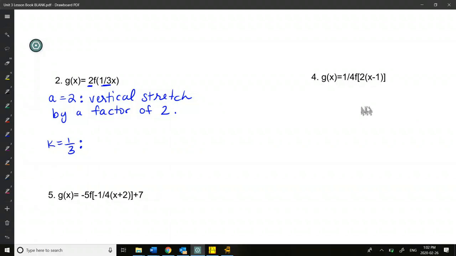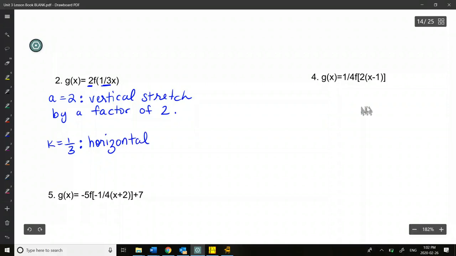Does someone want to take a guess as to what a K value of 1/3 is going to do to our graph and how we would state that in words? Let's start with vertical or horizontal. Is this vertical or horizontal? Okay, so we've got that part. This is horizontal. Now, is this greater than 1 or between 0 and 1?